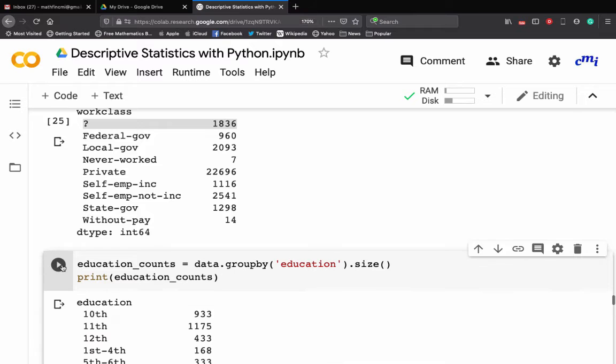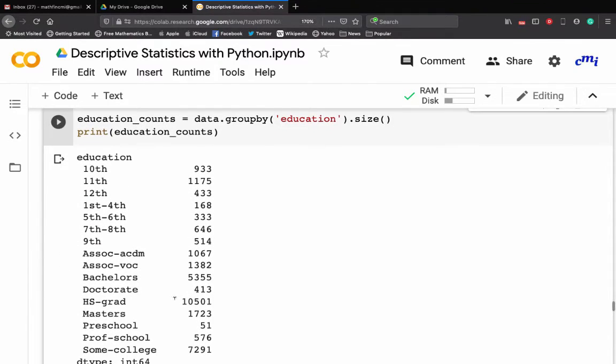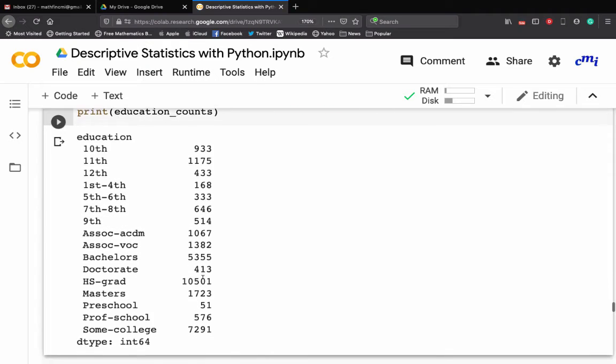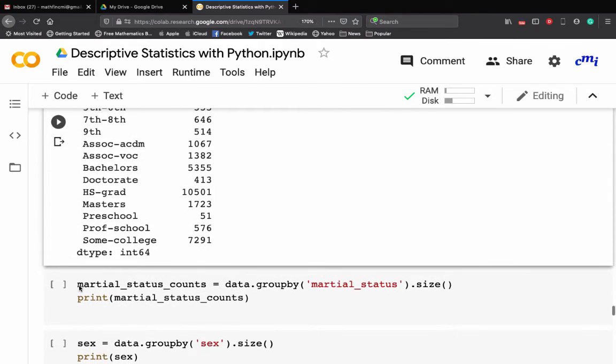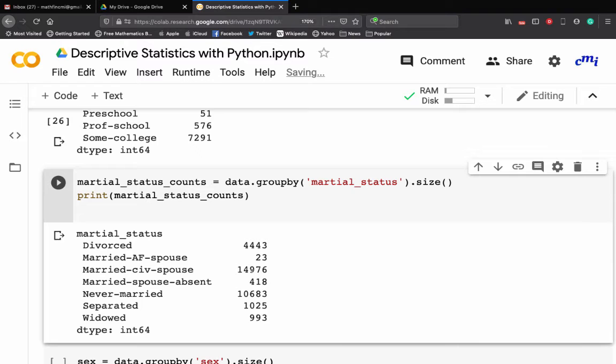Similarly, we can do it for education level. Most of them are high school graduates. There are different kinds of variability we can see. Marital status, if we see, most of them are married.